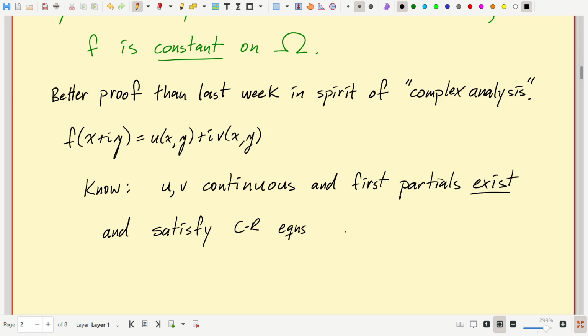Let's see, the Cauchy-Riemann equations we figured out by writing f prime of z equals, red box number 1 was du/dx plus i dv/dx. And red box number 2 was dv/dy minus i du/dy.